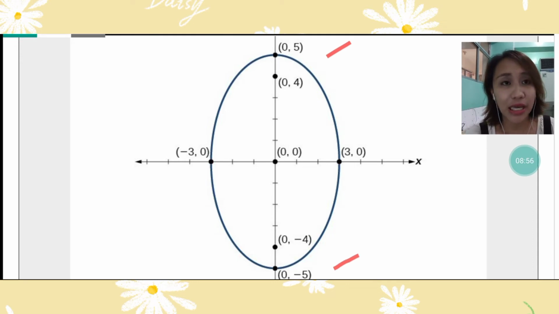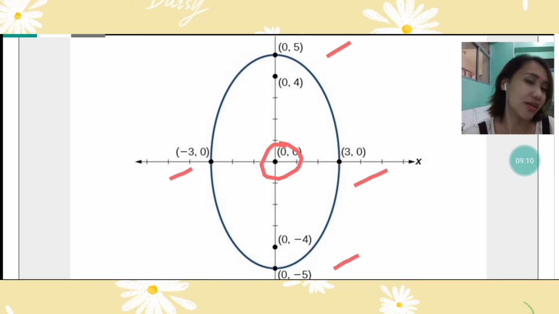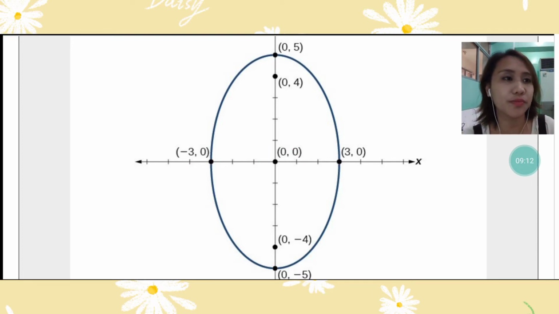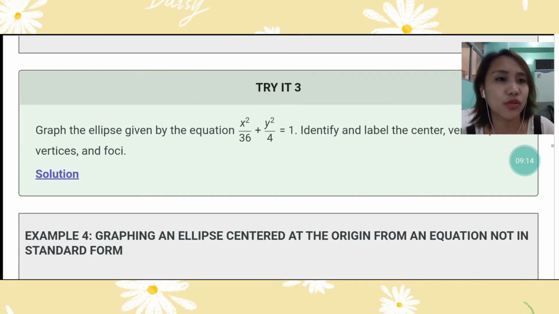And since b squared is 9, the square root of that is 3. So that's why we move 3 units to the left and 3 units to the right. And since this is at the origin, the center is at 0, 0.